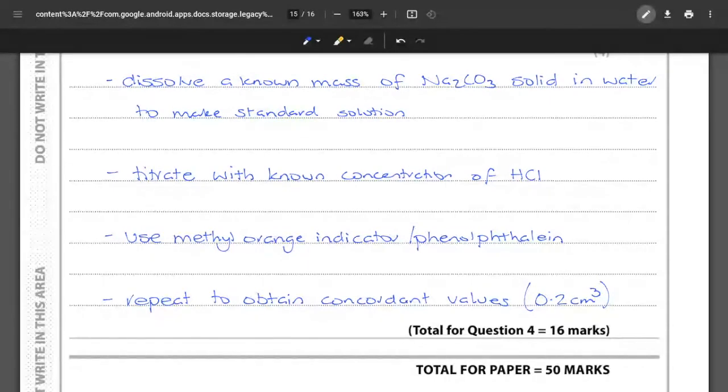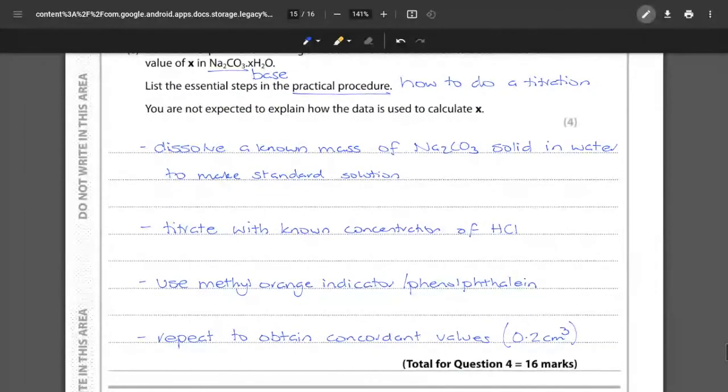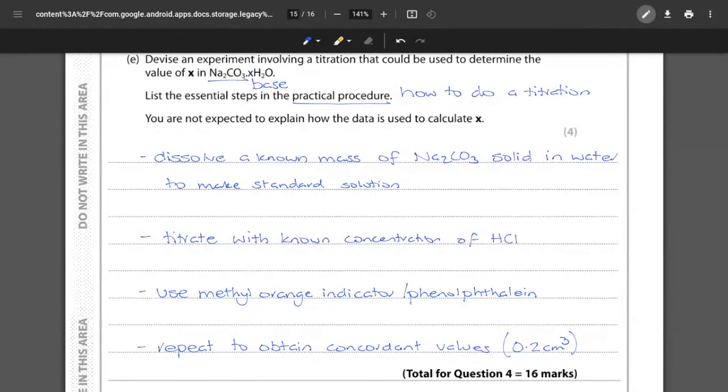We're going to titrate it with the HCl using a methyl orange indicator, and we're going to repeat to get our concordant titre values. Once we then have those values, we would then analyse the data and do calculations. But as we said at the start, the question does not ask us how to do that. It is purely how do you do the titration.